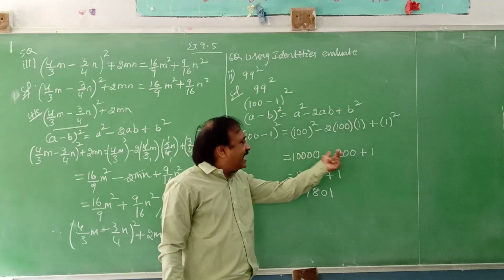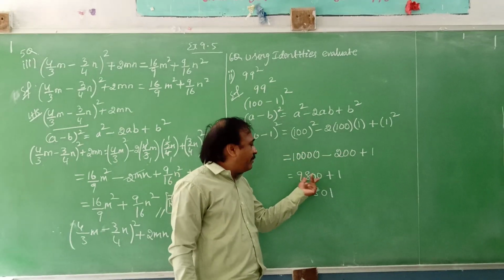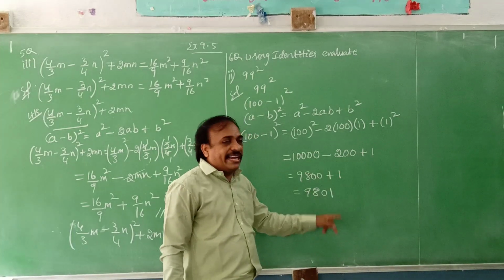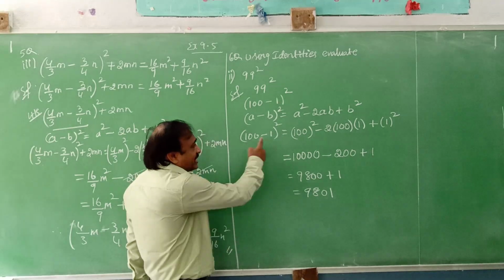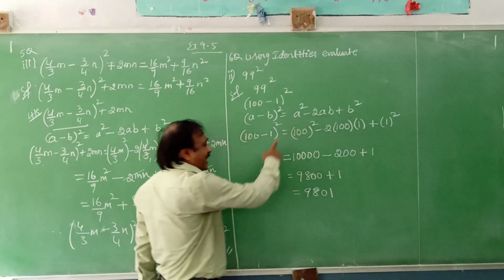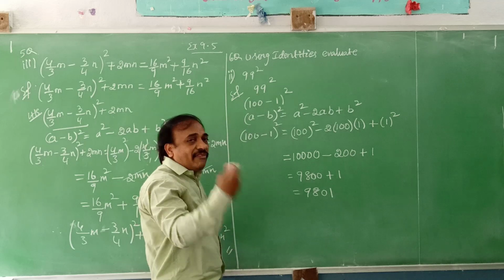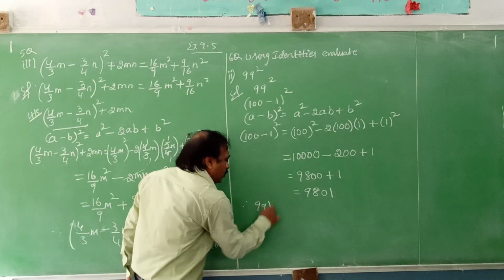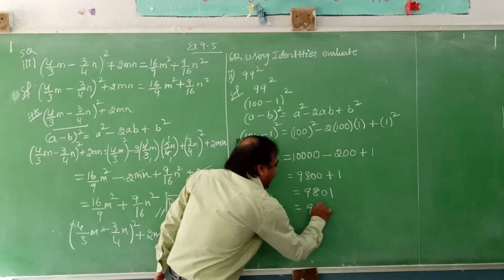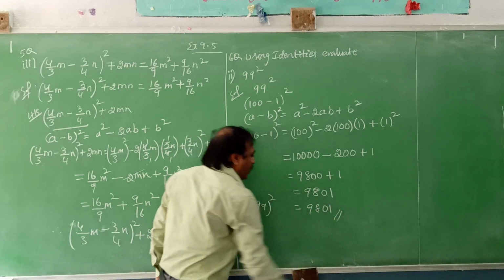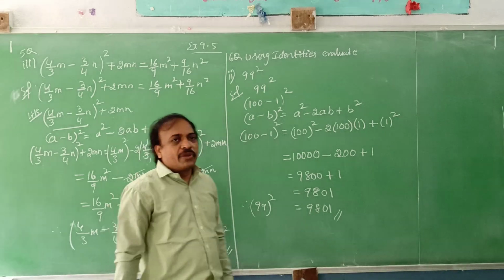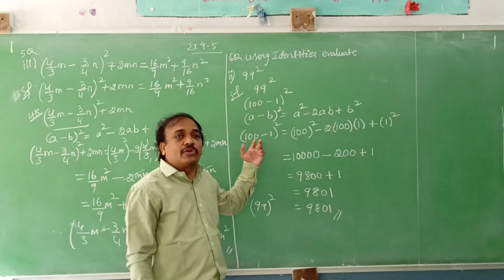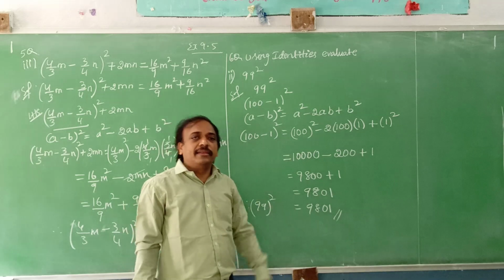From 10,000 I subtracted 200, that will be equal to 9,800. Then plus 1, 9,801. So by using the identity, 99 whole square is equal to 9,801. This is how we use the identities to simplify or evaluate the given numbers.